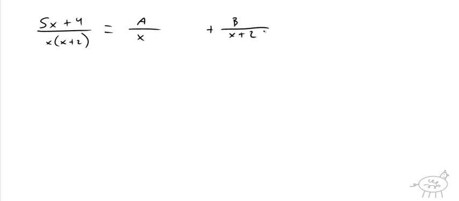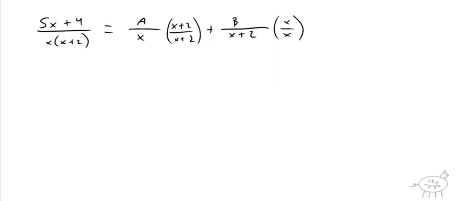Well, here's the deal. I want to add that A over x plus B over x plus 2 together. So let's get a common denominator. You guys agree I'm going to multiply this by x plus 2 over x plus 2, and this by x over x. Okay? So here's the deal, math fans.